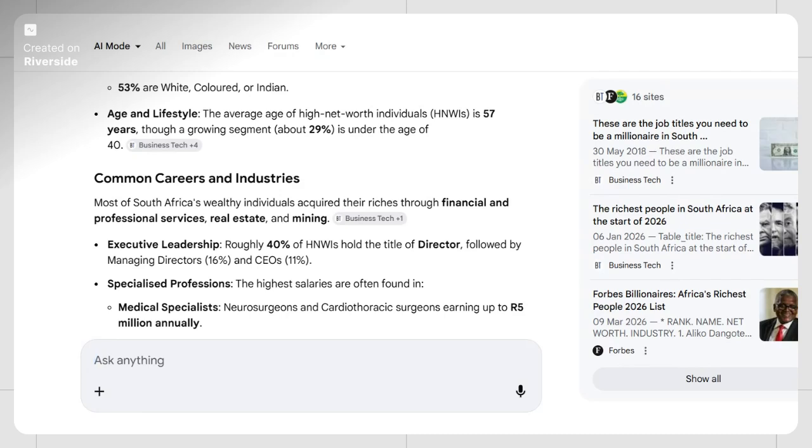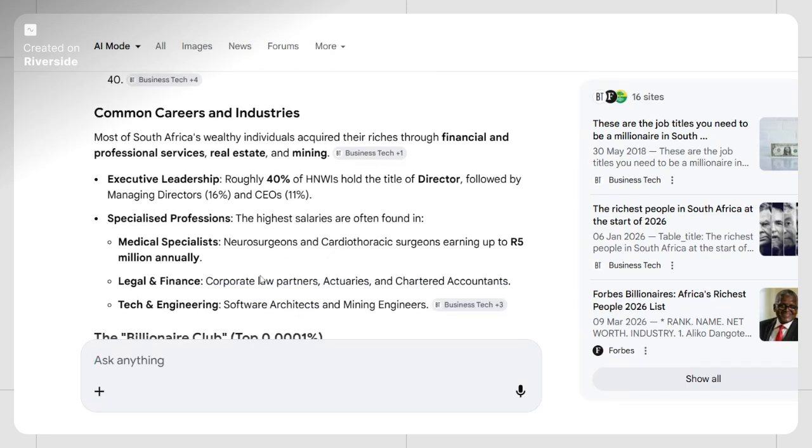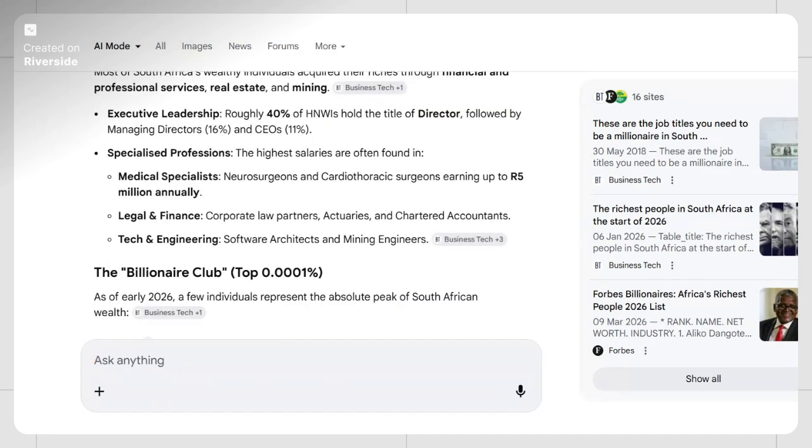Specialized professions: the highest salaries are often found in medical specialists, neurosurgeons and thoracic surgeons, earning up to 5 million annually. Legal and finance: corporate law partners, actuaries, and chartered accountants, along with engineering, software, architecture, and mining engineers.